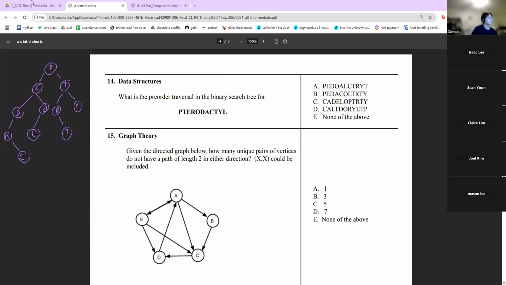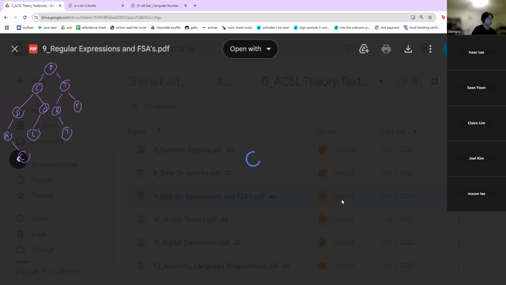This is our binary search tree, and this is asking for a pre-order traversal.